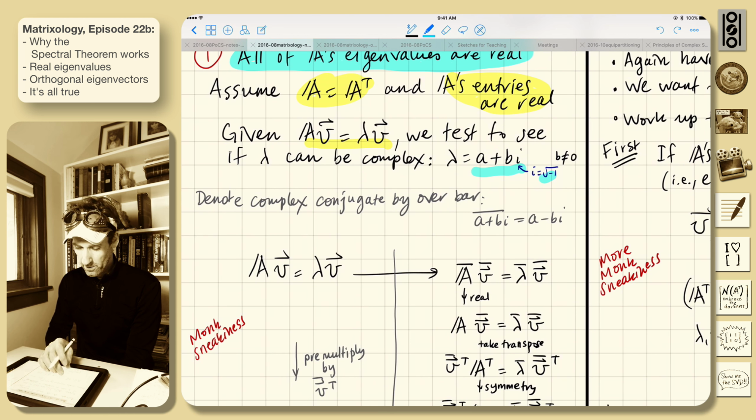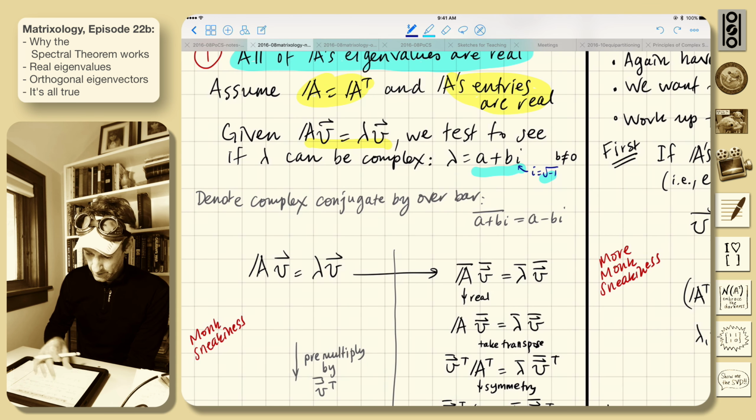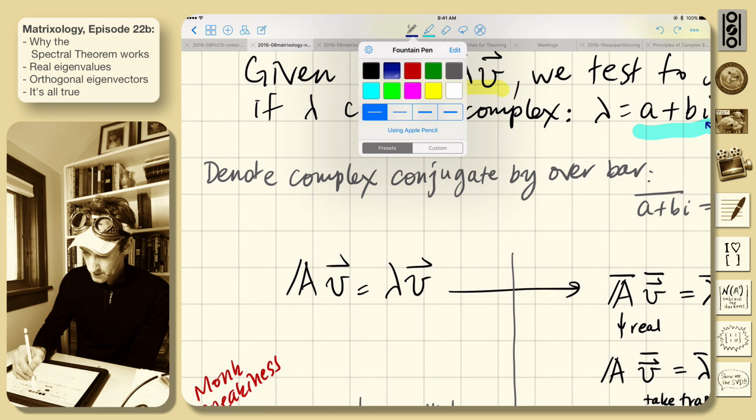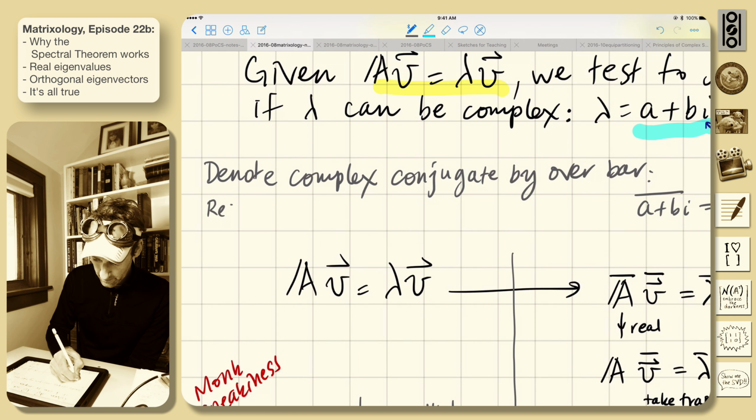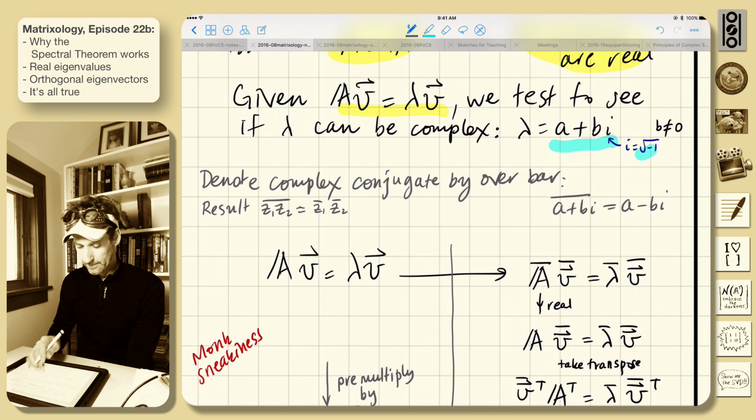An important thing to know is a little result: if we have two complex numbers and take their product, then the complex conjugate of the product is the same as taking their complex conjugates and multiplying them together. Don't have to worry about it too much, but we're going to use it.